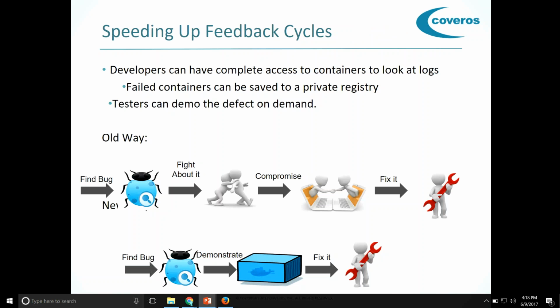So how do we speed up our feedback cycles using containerization? One is developers can have complete access to the containers to look at the logs. Failed containers can be preserved in a private registry, and they can be preserved statefully. And testers can then demo the defect on demand.